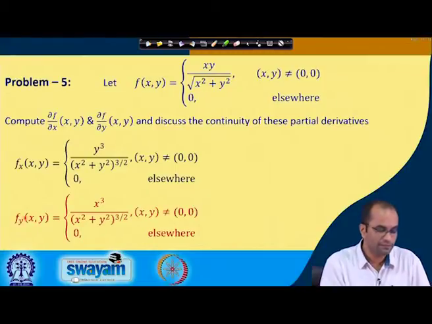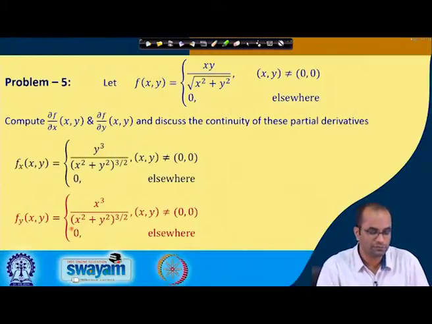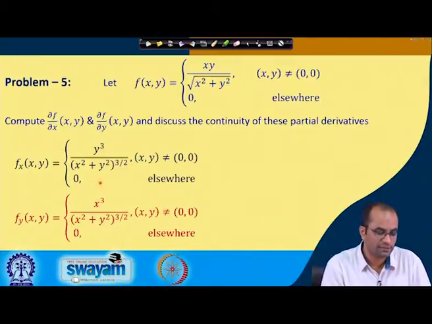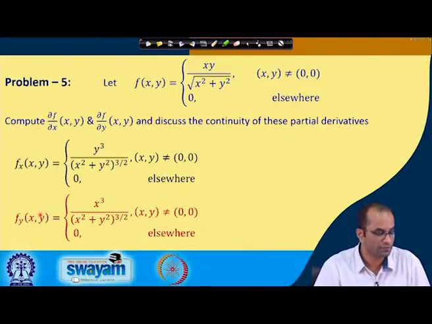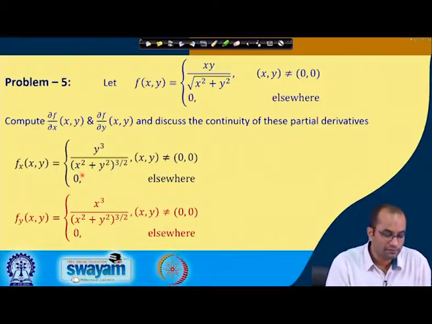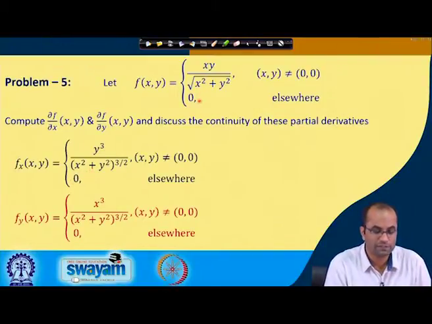And similarly, we can compute this f_y with respect to y. So, we will get, just instead of y it will be replaced by x because of the symmetry of the function. So, we got these two, and here this partial derivative with respect to x, we have to also compute with the definition, the fundamental definition.